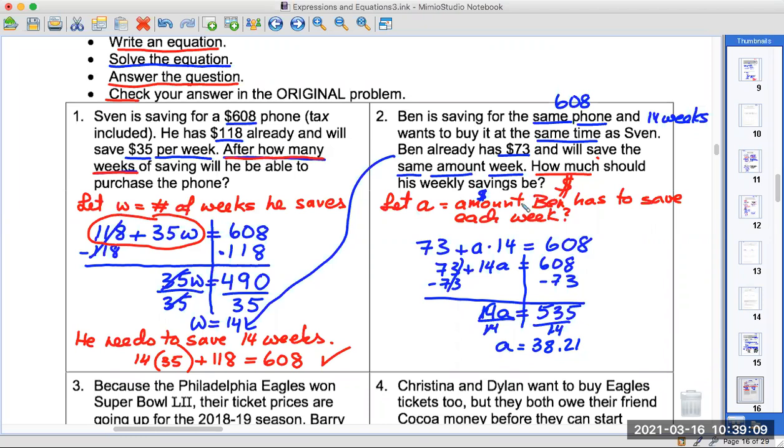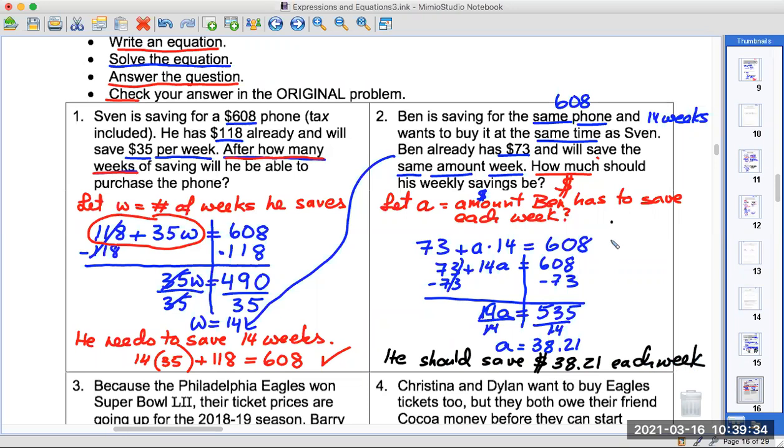So now it comes back here where you can remind yourself, what does this answer mean? He should save, now put a dollar sign, 2 decimals for dollars and cents, each week for 14 weeks.